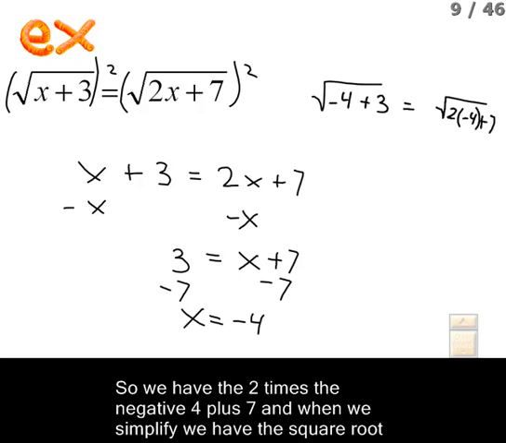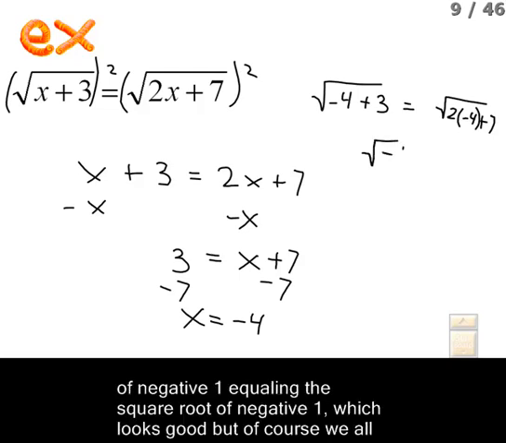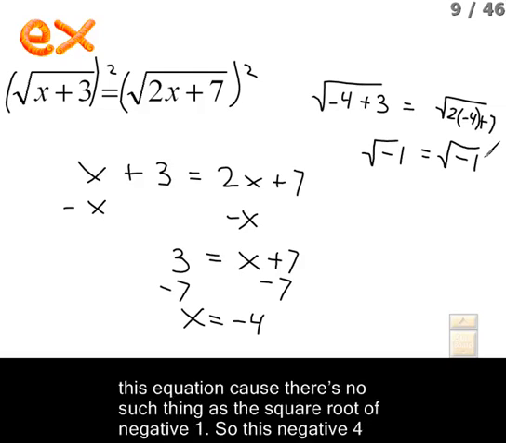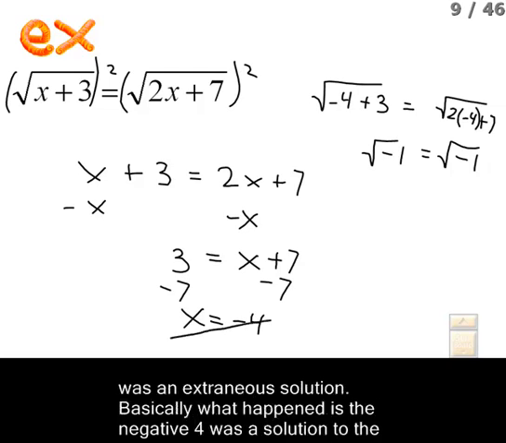And when we simplify, we have the square root of -1 equaling the square root of -1, which looks good, but of course we all know that the square root of -1 doesn't exist, right? So this could not be a solution to this equation, because there's no such thing as a square root of -1, right? So this -4 was an extraneous solution.